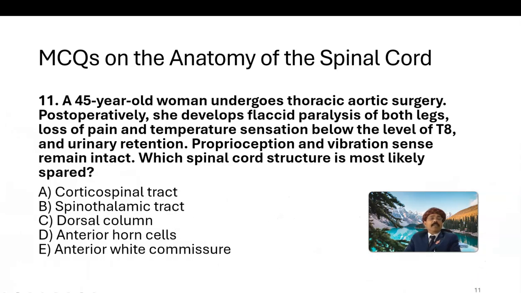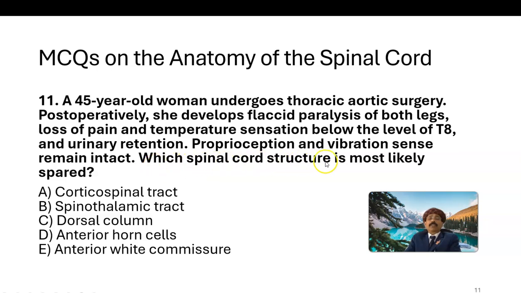Number 11, a 45-year-old woman undergoes thoracic aortic surgery. Post-operatively, she developed flaccid paralysis of both legs, loss of pain and temperature sensation below the level of T8, and urinary retention. Proprioception and vibration sense remain intact.